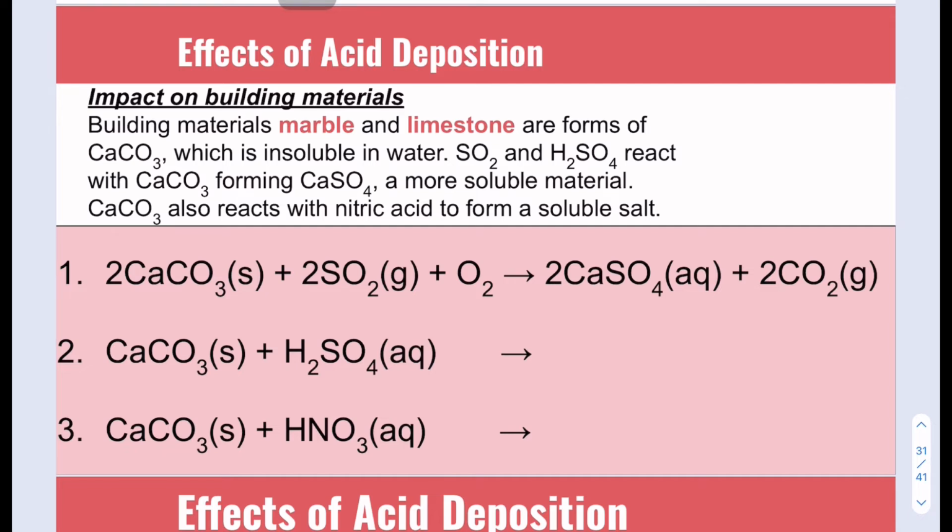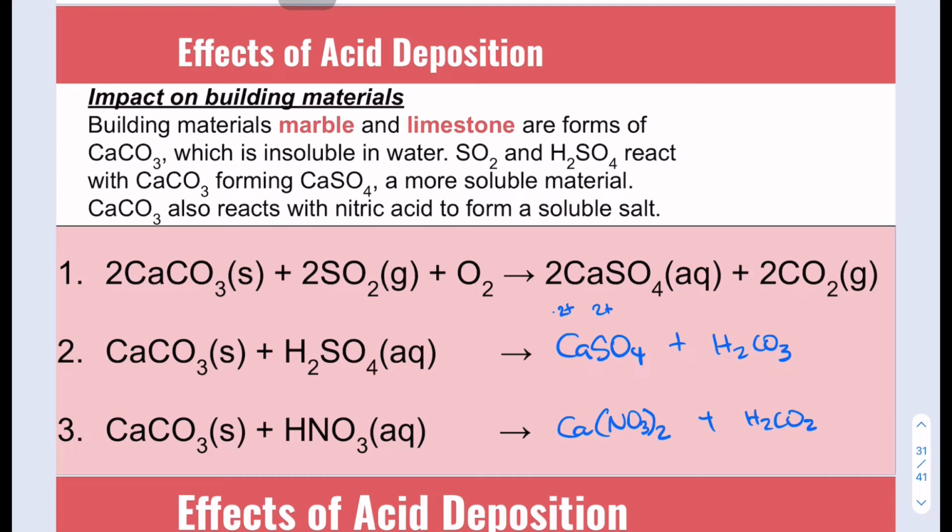Okay, I hope that you were able to find that here we form calcium sulfate plus we form H2CO3, which is carbonic acid. Okay, and then for the second one, we form calcium nitrate and carbonic acid.